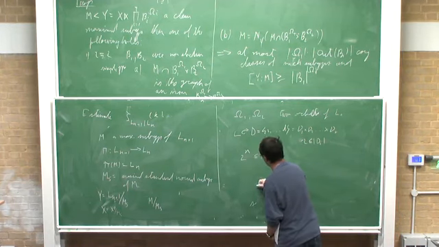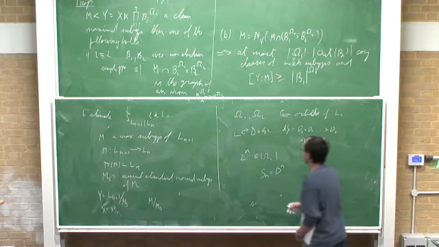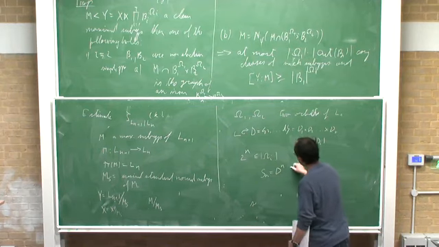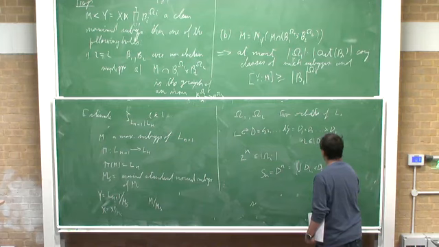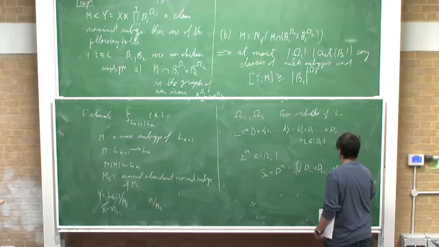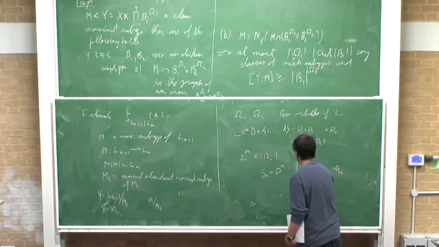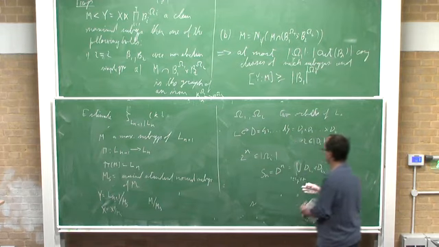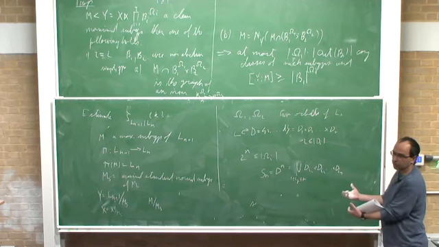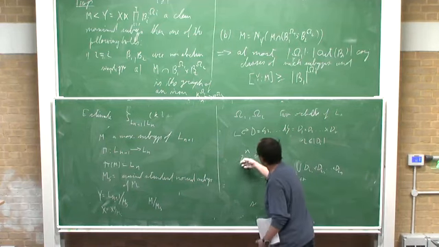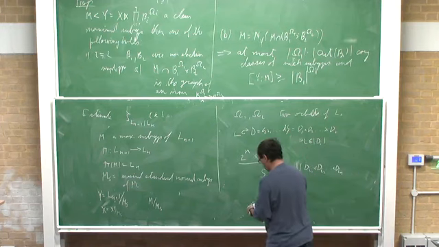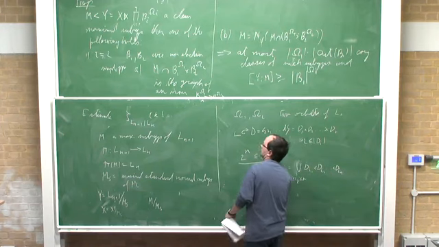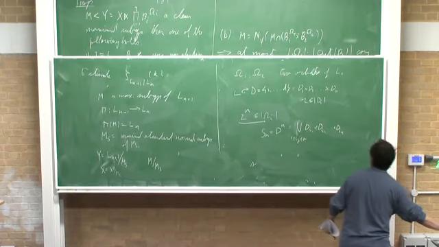You have the orbit in the nth level, S_n is D^n. So the possible orbits are the union of all D_{i1} plus D_{i2}, up to D_{in}, where i_j is between 1 and r. These are the possible orbits, and the point is they're all large. That's really where we use that you have no fixed point in this argument.